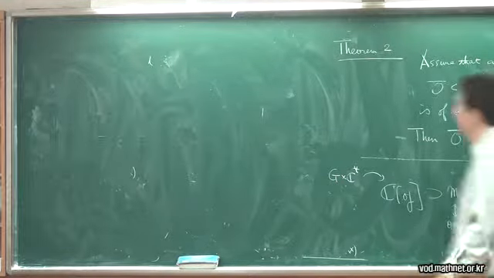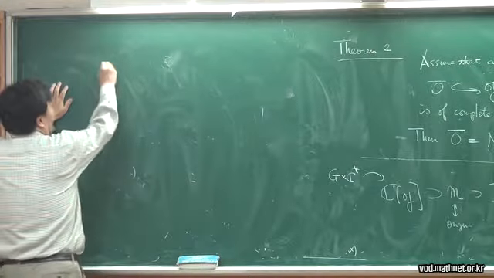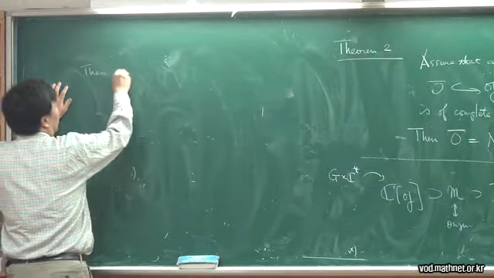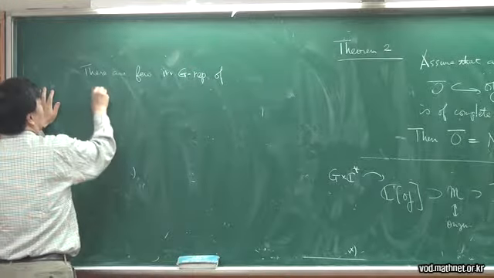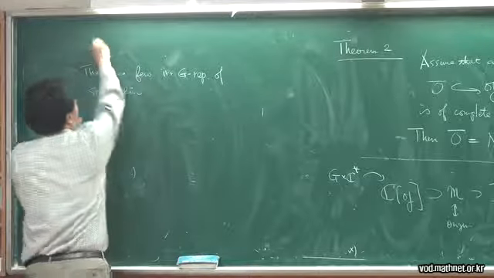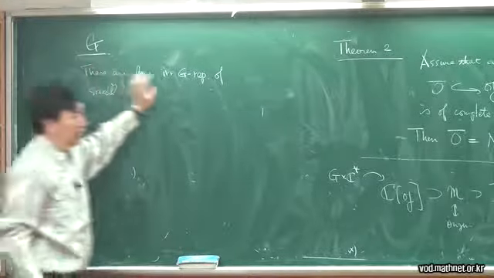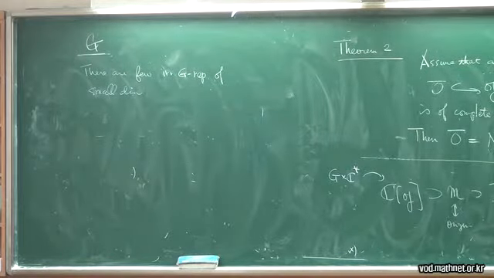But the fact is this: there are very few irreducible G representations of small dimension in general, if G is a semisimple Lie group.